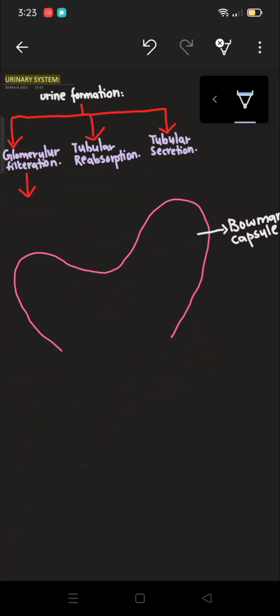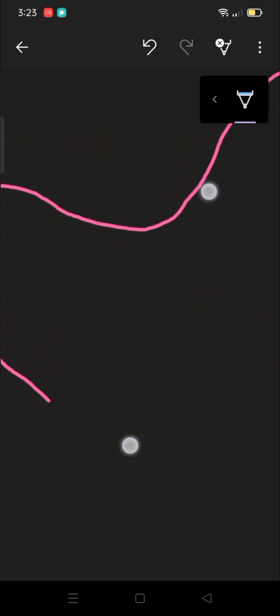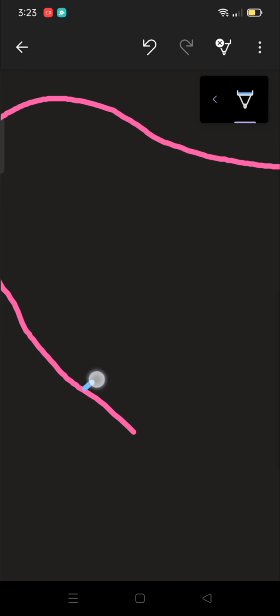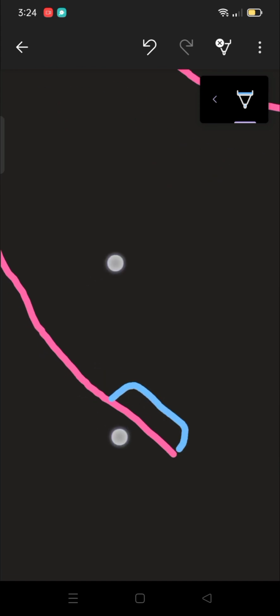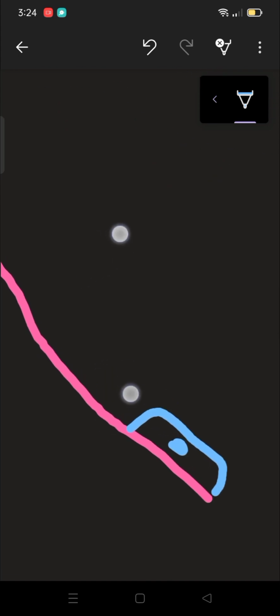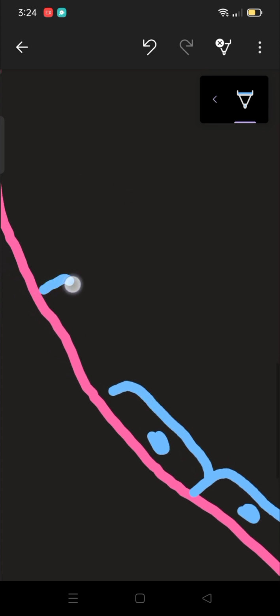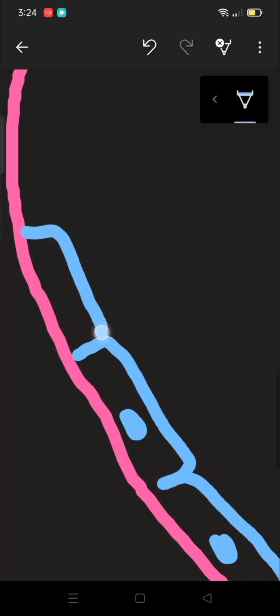So the cells of Bowman's capsule are parietal epithelial, but these are modified. So when these are modified, these are known as podocytes. So let me write here or make here. So these are basically podocytes. These aren't podocytes because these aren't modified here in this stage, but these will be modified soon as I'm making.